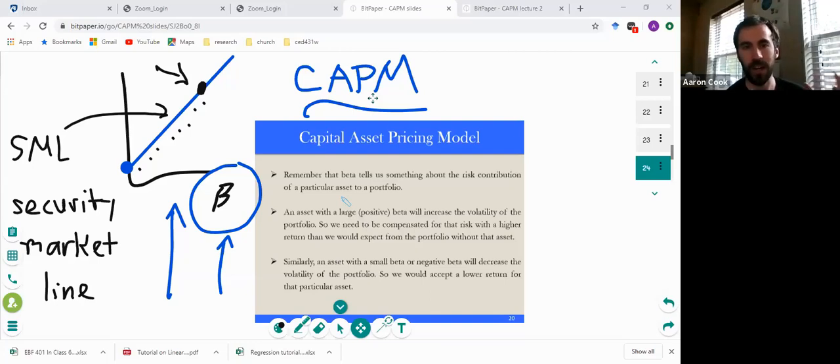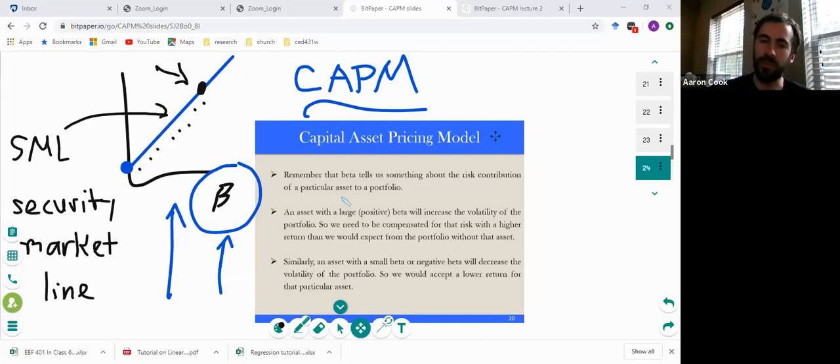You have the entire market that you can collect a bundle of all the assets in the market to get a nice diversified portfolio. And then once you have a diversified portfolio, the risk contribution of any individual security is going to be represented by the beta.